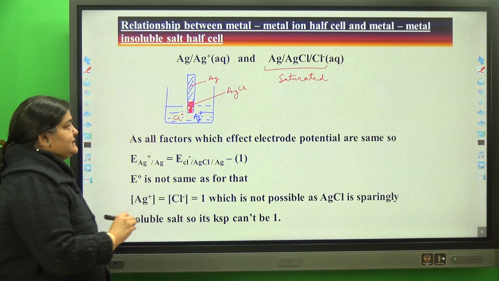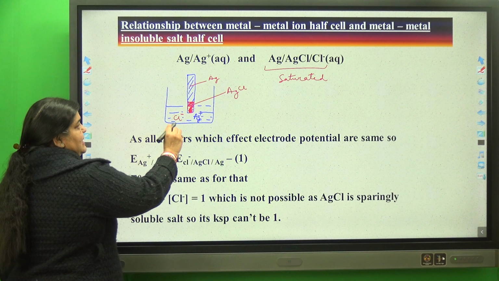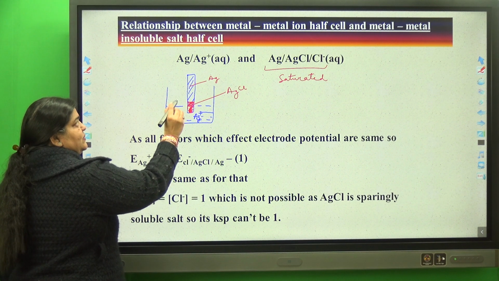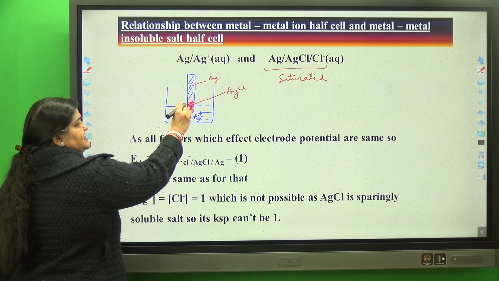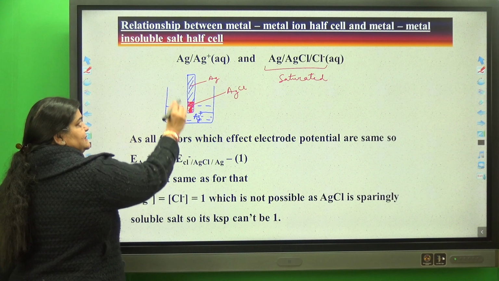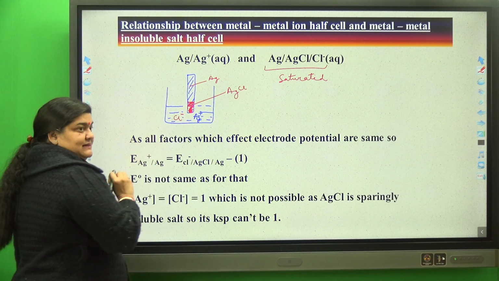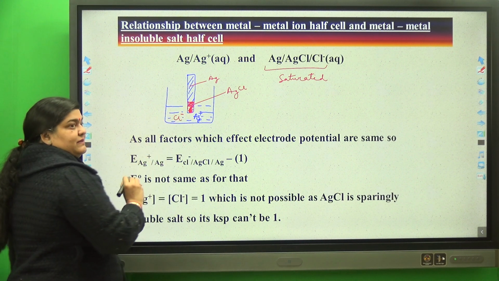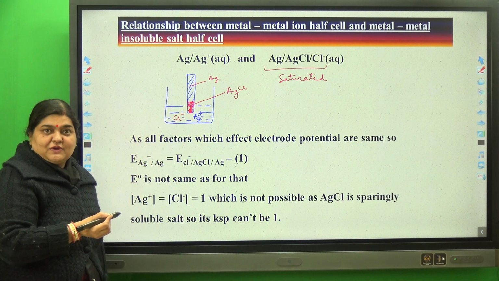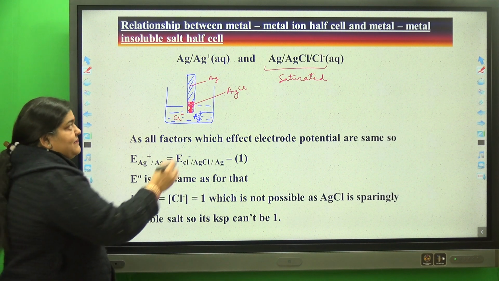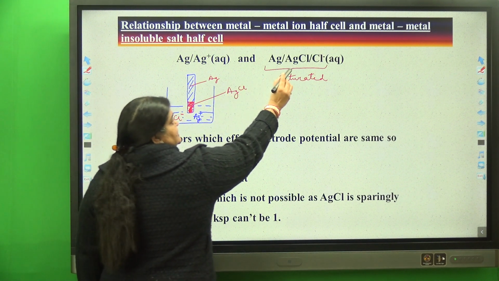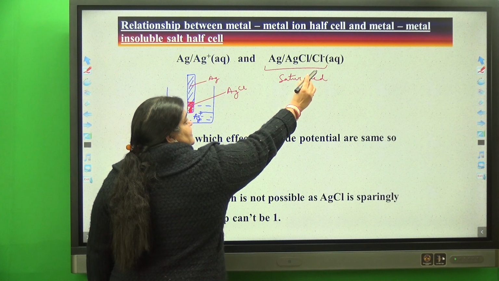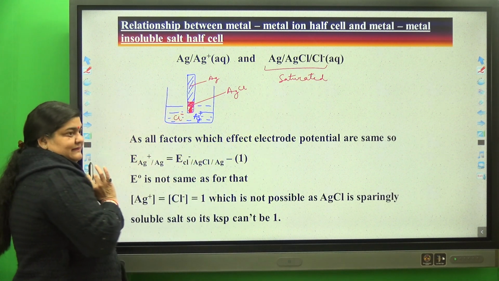So first thing is, I have explained how in a single vessel we can consider this rod dipped in Ag positive as metal ion half cell, and this silver electrode coated with its insoluble salt dipped in a solution of KCl as metal insoluble salt dipped in common anion half cell.